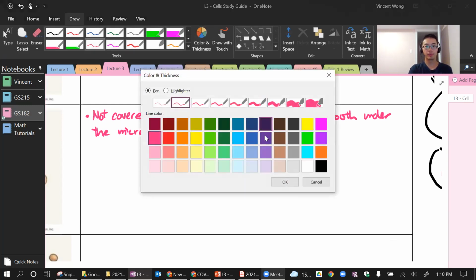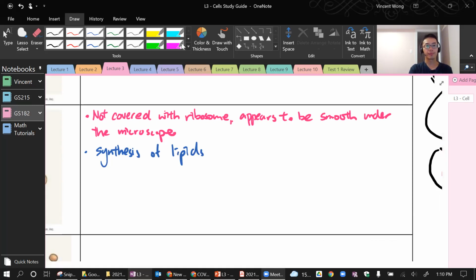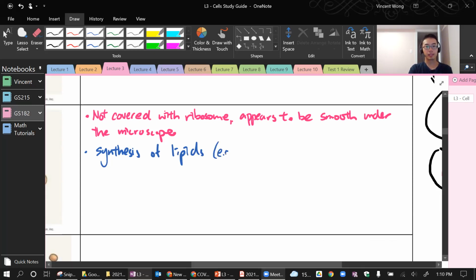Okay. What does it do? The smooth ER is responsible for synthesis of lipids. Okay. So for example, lipid hormones, right?